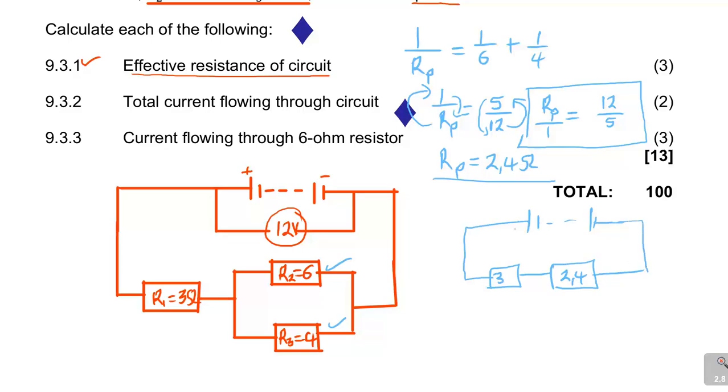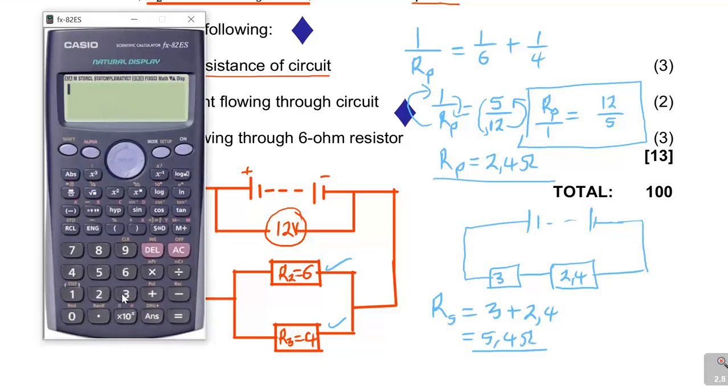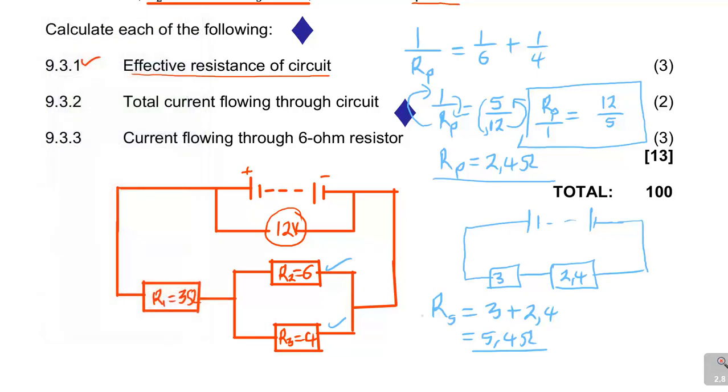So I've got series now, which is my RS is equal to 3 plus 2,4, which is equal to 5,4 ohms. I know it's simple like that, but just to verify, 3 plus 2,4. You know, it's always good to check. It's 5,4 ohms. So that is the effective resistance.